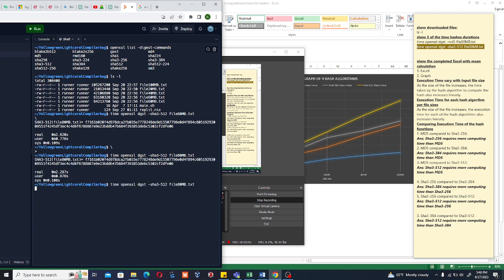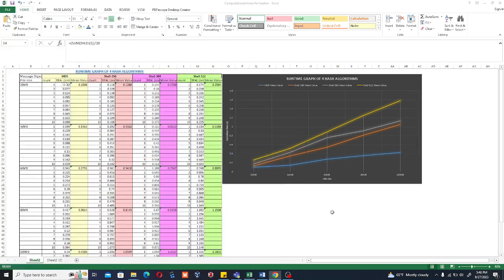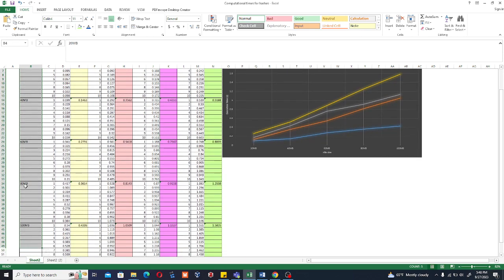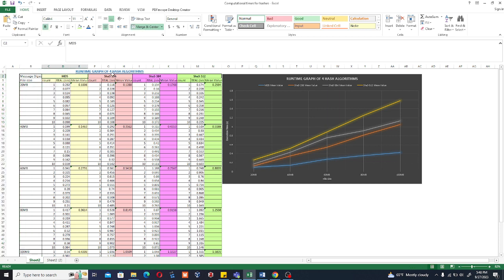Then I take the time some more just to get its values, and inside this Excel we have done it for various file sizes. We have different file sizes and we compute the MD5, SHA-3 256, 512, and SHA-384 hashes. We take 10 trials for each of them, and after that we compute the mean.